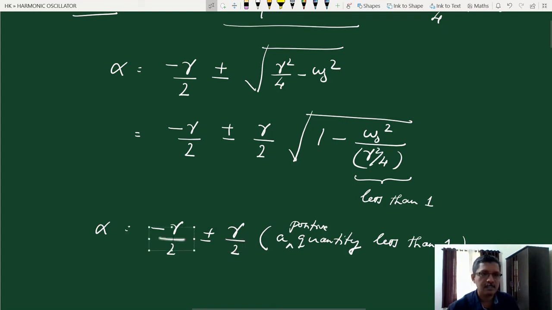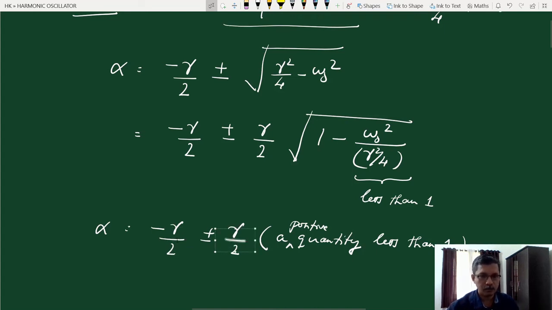See, this first term is minus gamma by 2. Now you have two possibilities here, plus or minus. When you add to minus gamma by 2 a quantity that is less than gamma by 2, say minus 10 plus 2, the whole quantity is negative.